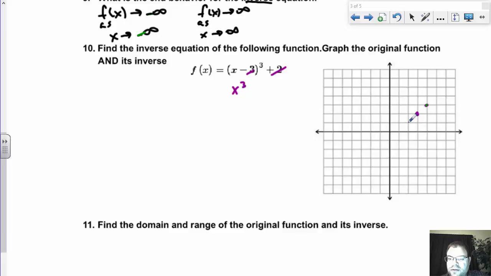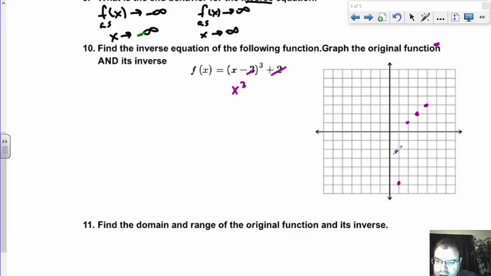So if I go over 1, I'm going to go down 1 this way. And if I go over 2 and cube that, I'll go up to 8. So from the center, I go up 1, 2, 3, 4, 5, 6, 7, 8. If I go 2 this way, I'm going to go down 8.